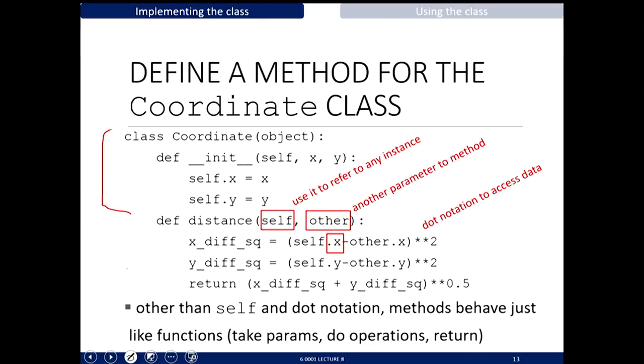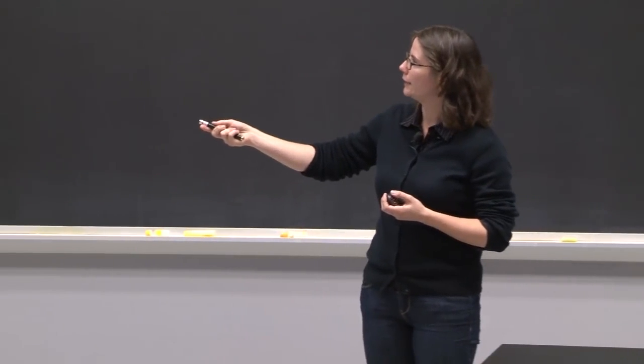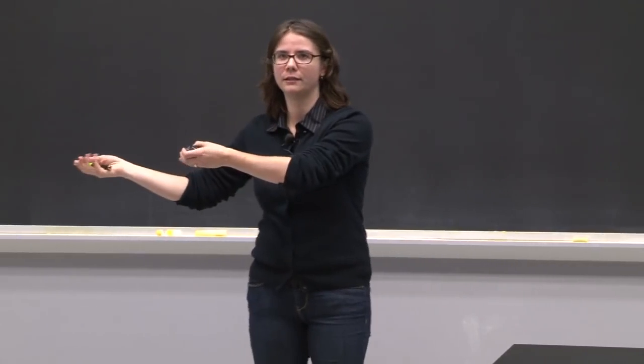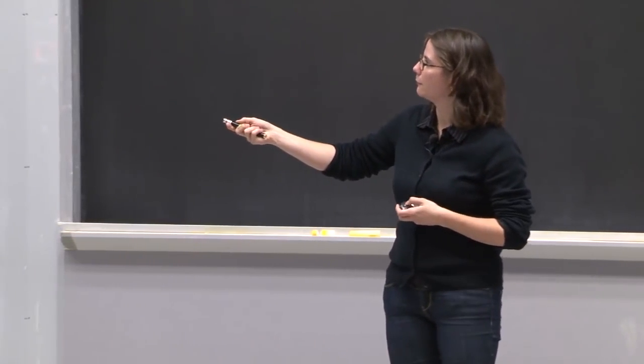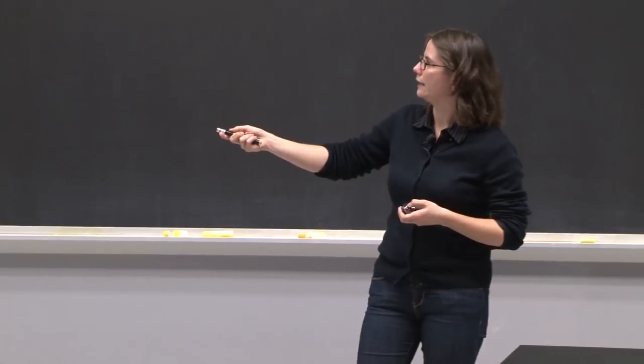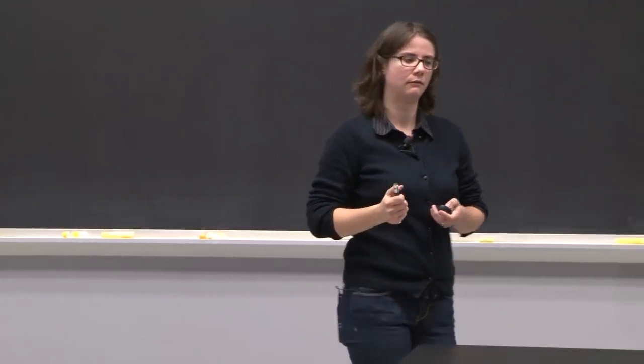If I just did x, I would be accessing just some variable named x in a program, which actually isn't even defined, right? So as we're thinking about classes, you always have to refer to whose data attribute you want to access. In this case, I want to access the x data attribute of myself, and I want to subtract the x data attribute of this other coordinate, square that, same for y, square that, and then add those and take the square root of that.